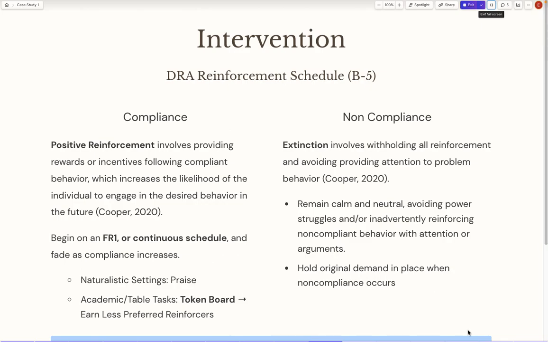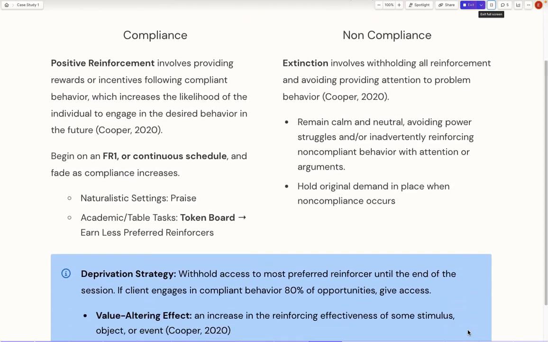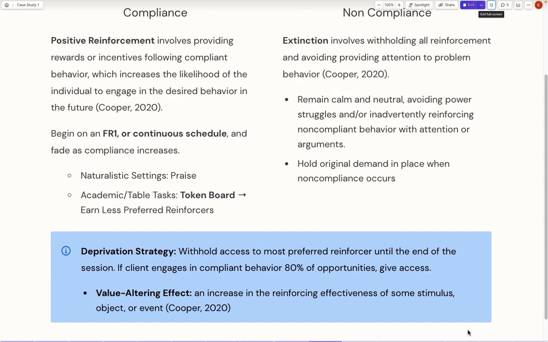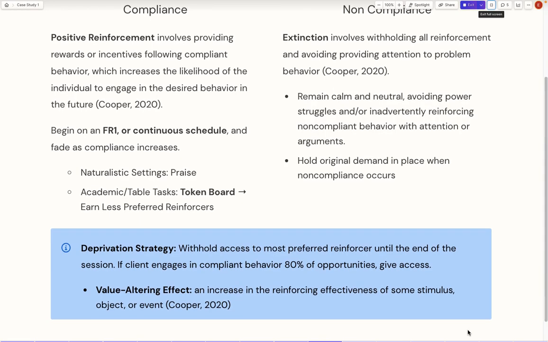Although he did earn a preferred activity or reinforcing object, he did not earn the most reinforcing reinforcer. So a deprivation strategy was used by withholding access to the most preferred reinforcer until the end of the entire session.